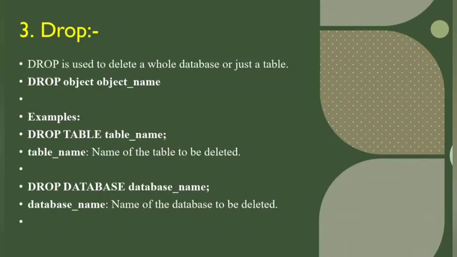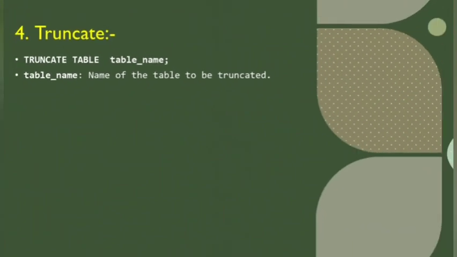And next one is truncate. Truncate is nothing but we are truncating something, but we are keeping all the spaces at the same position for future purposes. Didn't get it? Let me explain in a better way. Suppose in drop we have deleted the entire table. If you use the drop command, it will delete the entire table along with records.